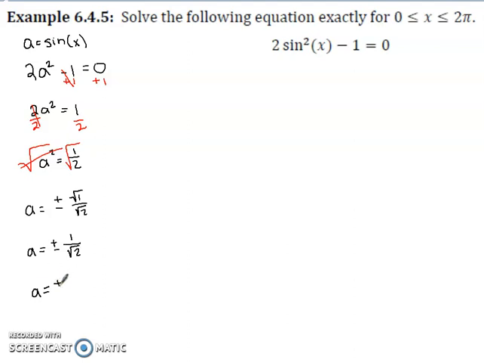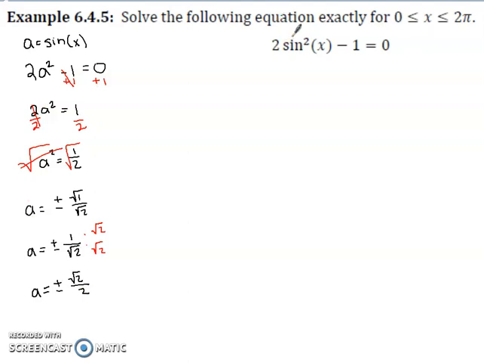So I'm going to rationalize and write this as square root of 2 over 2. And all I did there was multiply the numerator and denominator by square root of 2. So in this case we would be done. We would have solved for my a value. That won't quite be the case in our other example, but we're going to follow similar steps to at least get down to that rad 2 over 2.